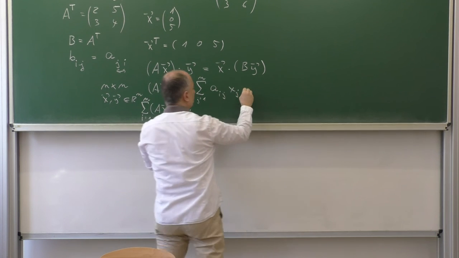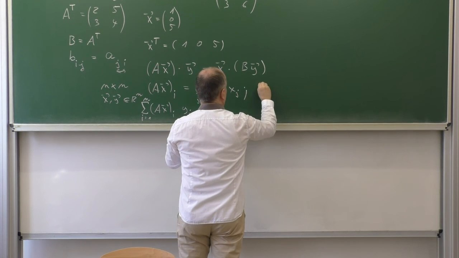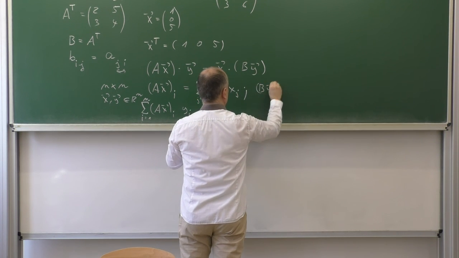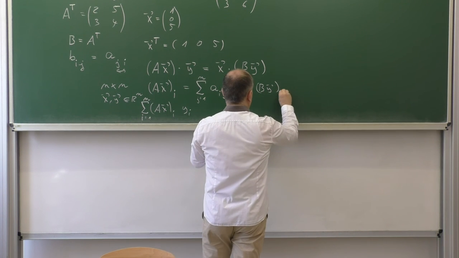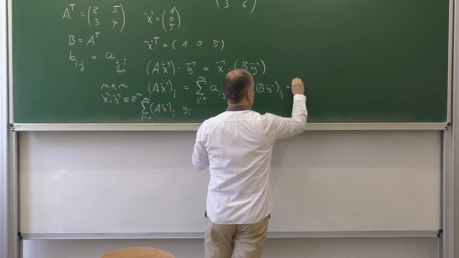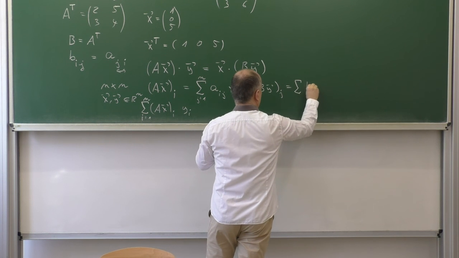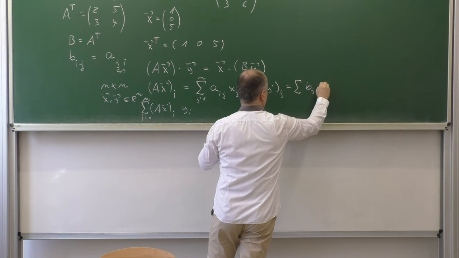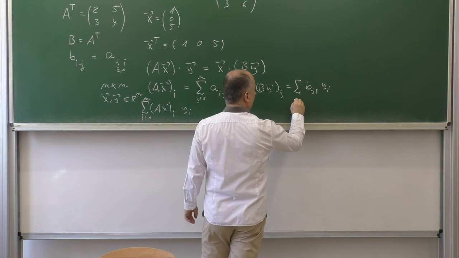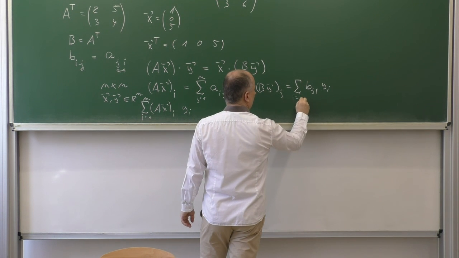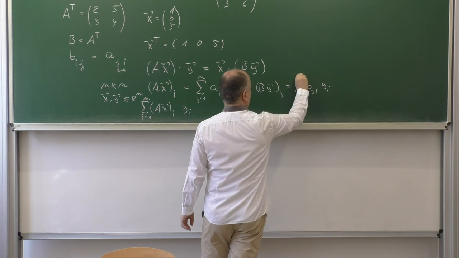And here, By has the jth component equal to b_ji y_i. And here, i runs from 1 to n.